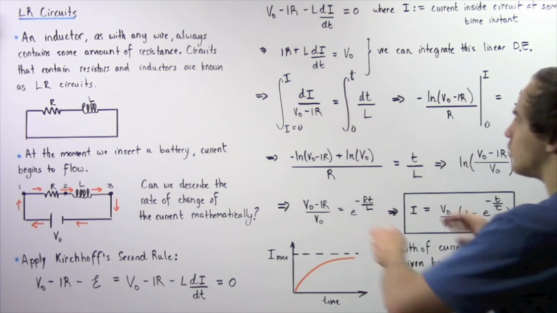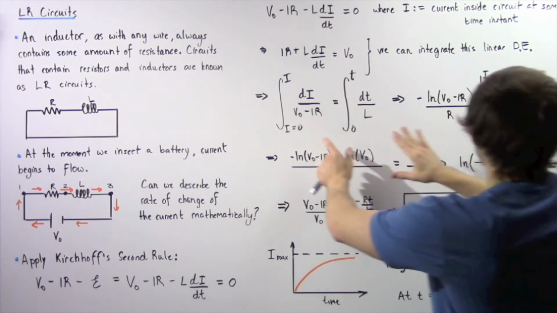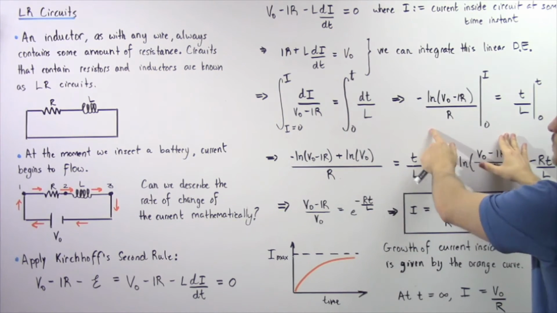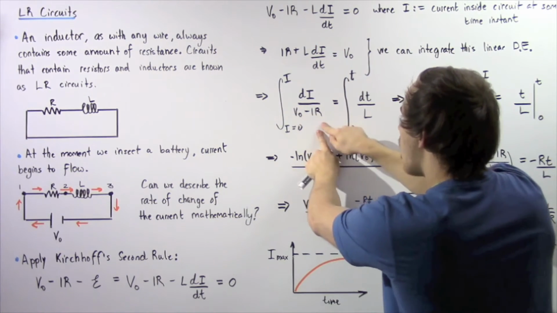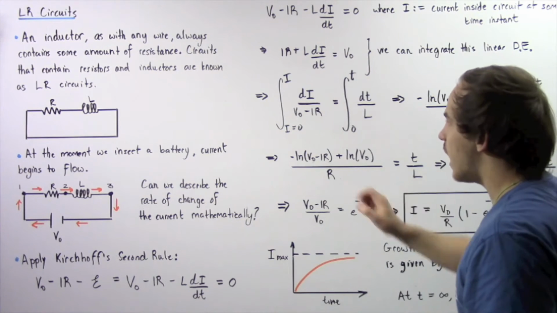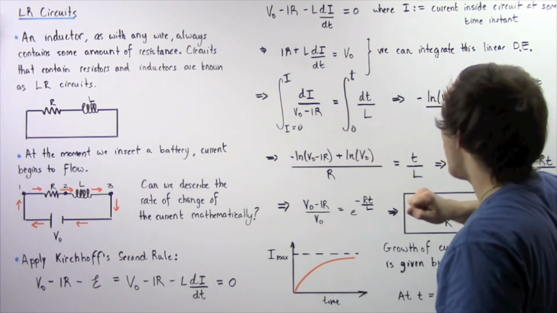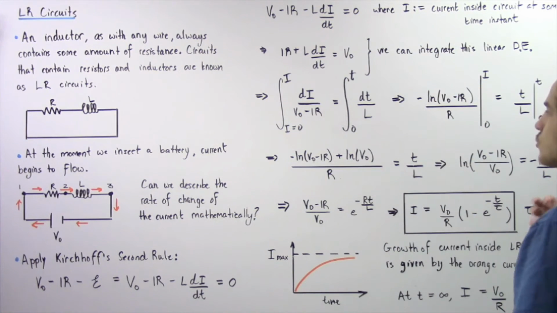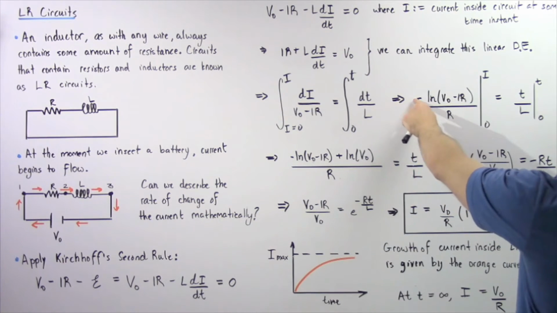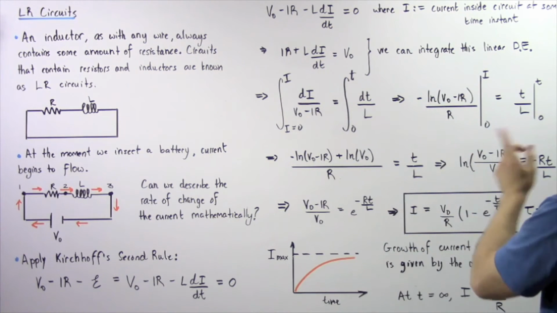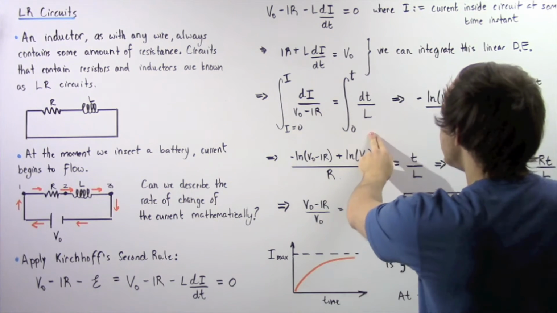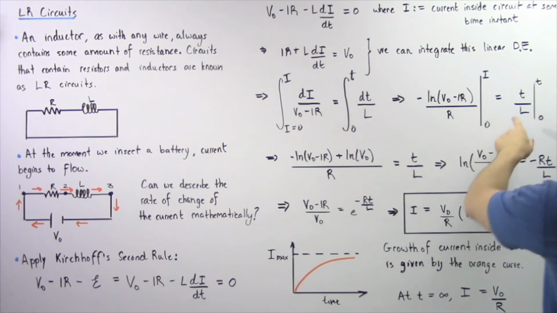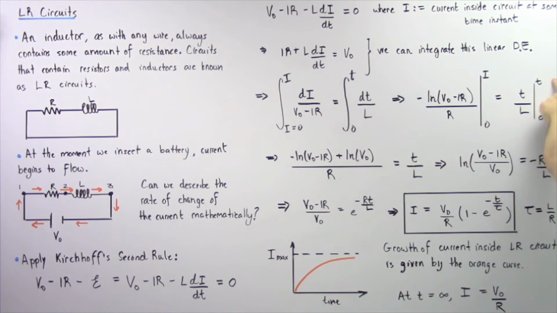If we evaluate the left side of our integral, we get the following result. Because we have 1 over V0 minus IR, this becomes the natural log of V0 minus IR, and then we apply our chain rule and we get negative 1 divided by R. We're evaluating from 0 to I. If we integrate the right side, we simply get t divided by L from 0 to t.